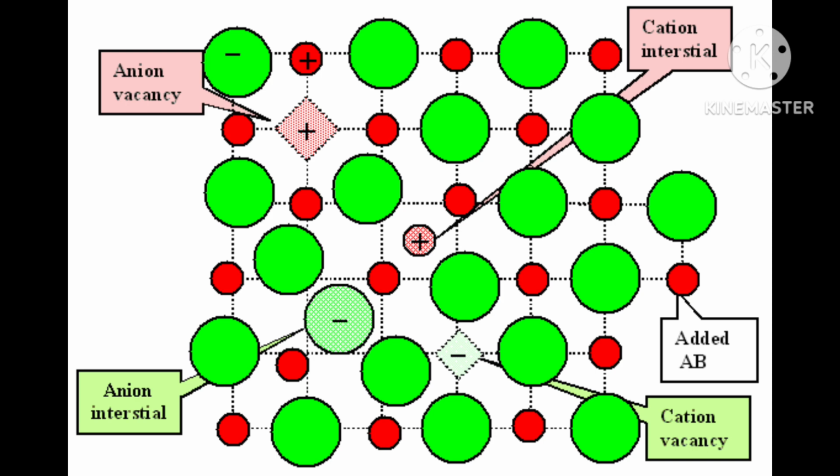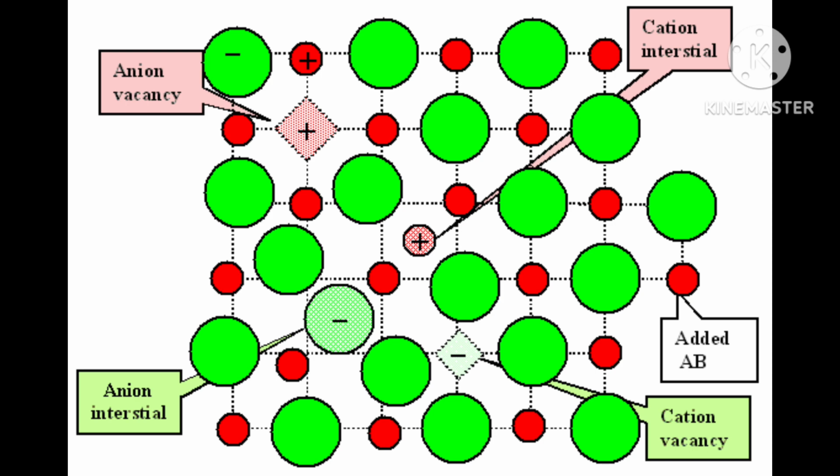Now come to the interstitial defect. What is interstitial defect? When some constituent particles like atoms or molecules occupy an interstitial site, the crystal is said to have interstitial defect.